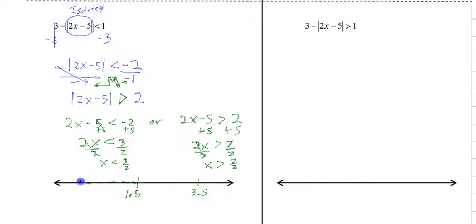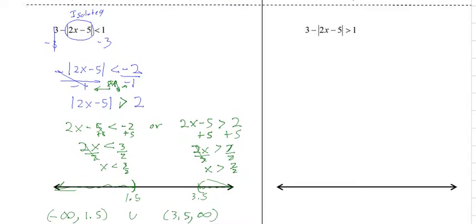And we want less that way with a parenthesis, and greater this way with a parenthesis. So interval again would be from negative infinity to 1.5, parenthesis, union 3.5 to infinity. And there's our answer.